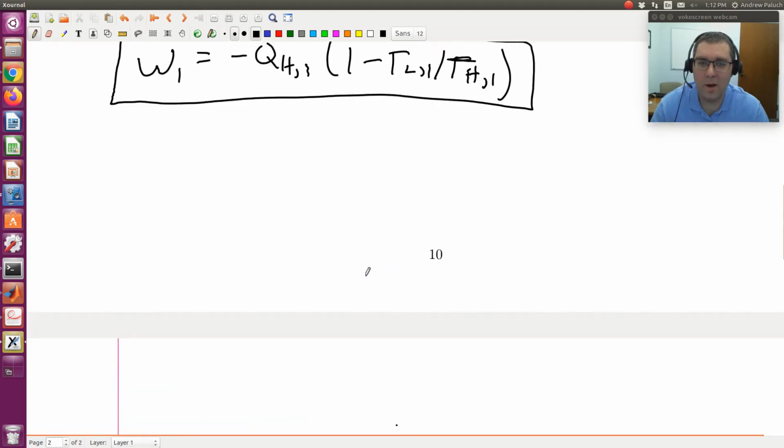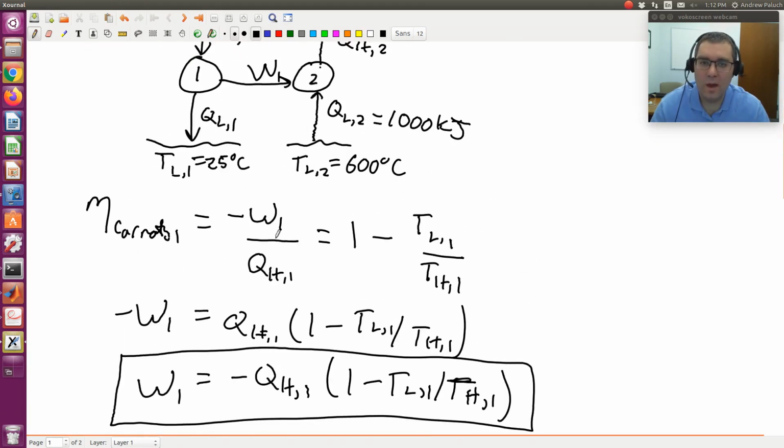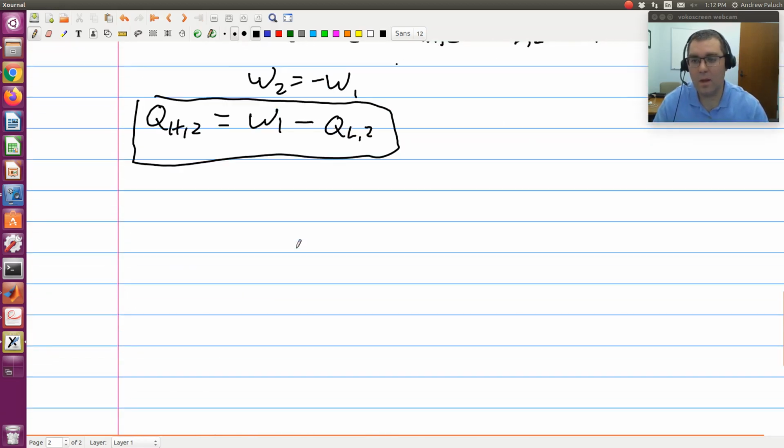The last thing they want, since I've got QL1 and I've got QH2, is TH2. How I'm going to get TH2 is to calculate it via my Carnot efficiency again.